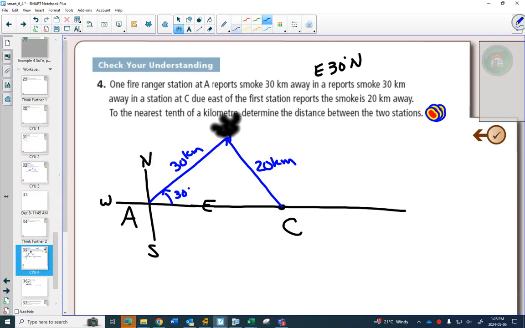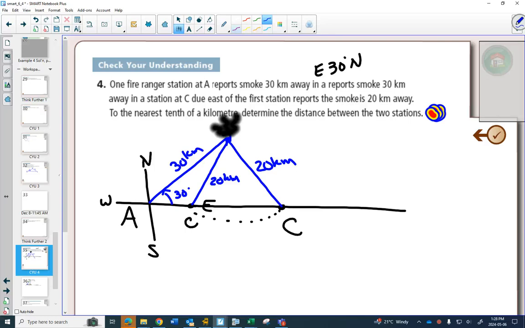There could be two. C could also possibly be, if you swung that around, it's possible that C could also have been here and had 20 kilometers. So this is our first example where there are two possibilities.